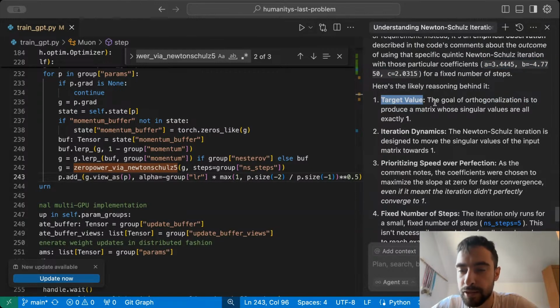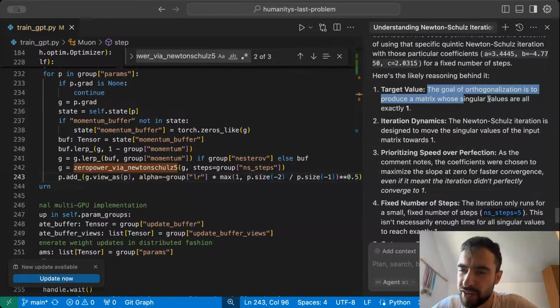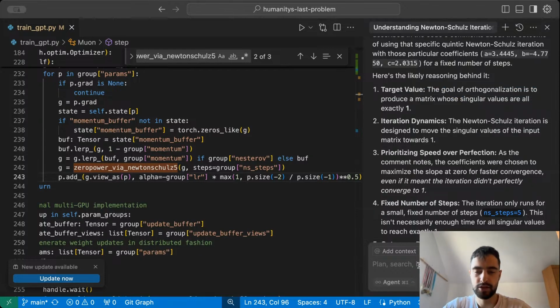Target value. The goal of orthogonalization is to produce a matrix whose singular values are all of what? So what are singular values in a matrix? Draw and explain why they need to be 1. What are the benefits?